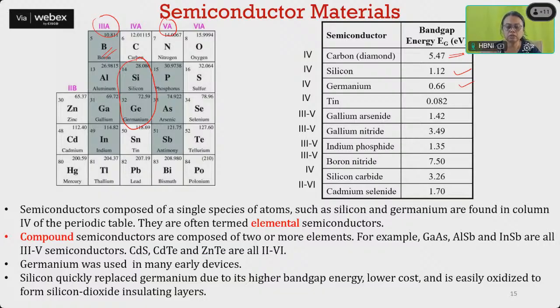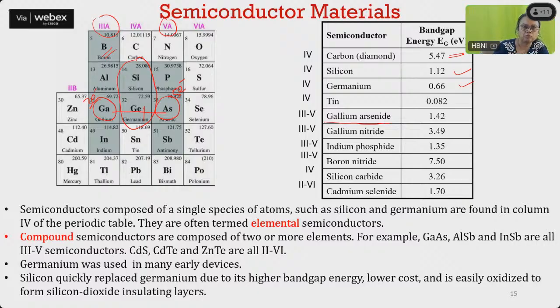Now we come to the compound semiconductors like gallium arsenide. This is the gallium and this is the arsenic. These two combine to form a semiconductor because gallium has 3 electrons and arsenic has 5 electrons.